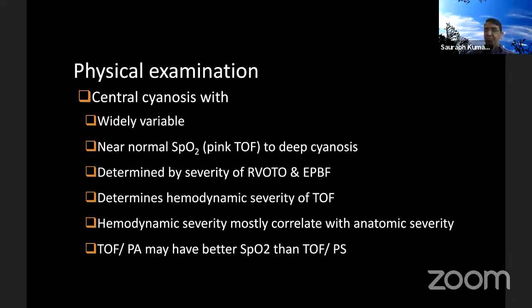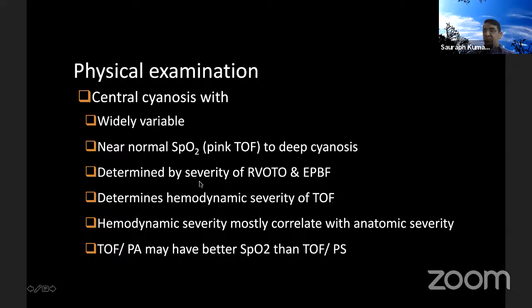Now, as we all know, physical examination will show us central cyanosis. The cyanosis is quite variable. It may extend from minimal cyanosis, which may be missed by clinical examination. It can only be picked up on pulse oximetry after physical exertion, and that again emphasizes why we should do pulse oximetry at rest as well as following exertion, and this may extend up to deep cyanosis, as we all know.